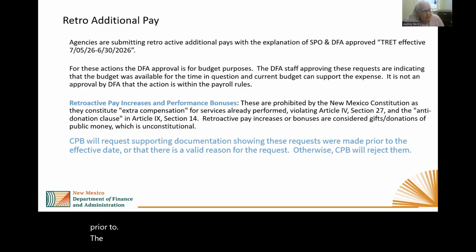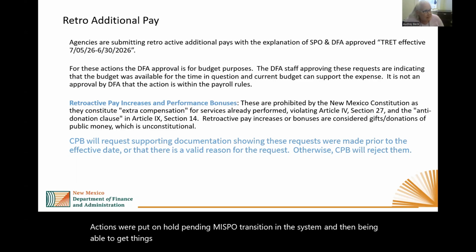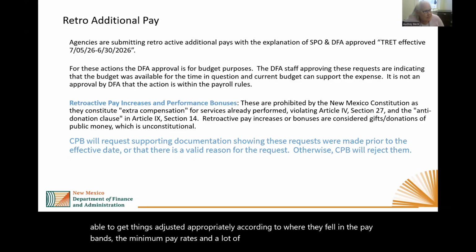I know with the SPO changes that were in effect in August, a lot of these actions were put on hold pending the SPO transition in the system and then being able to get things adjusted appropriately according to where they fell in the pay bands, the minimum pay rates, and a lot of those other items that were addressed after the SPO changes were input.